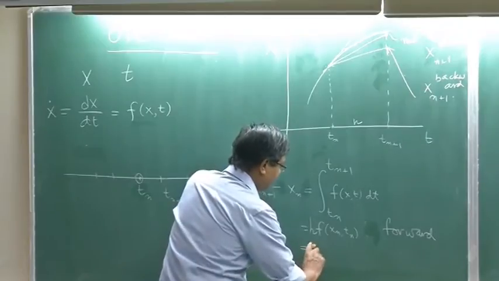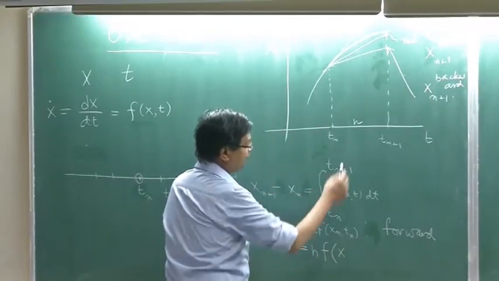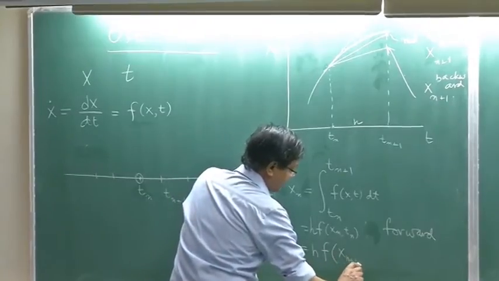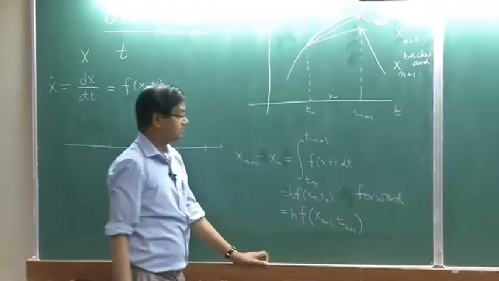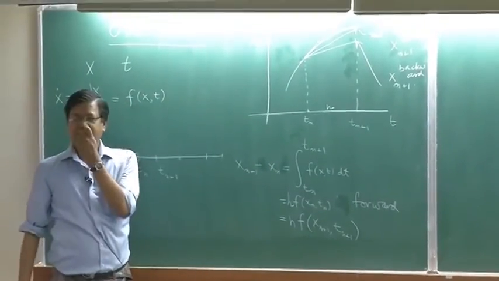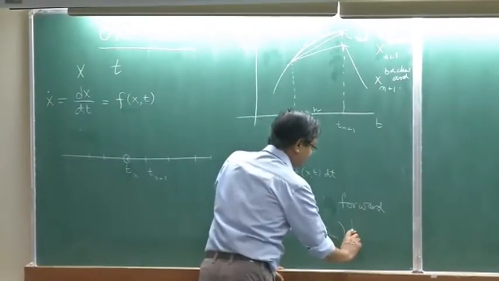Or you can say h times the value of the function at x_{n+1}, and of course you have to put the time also at t_{n+1}. So this is the future, and this is called the backward scheme.